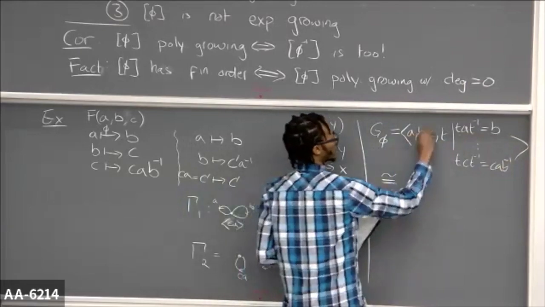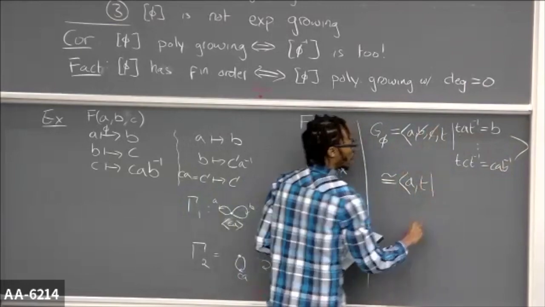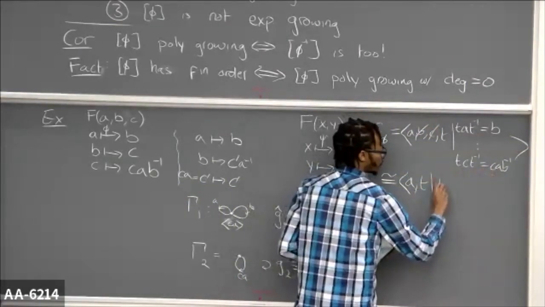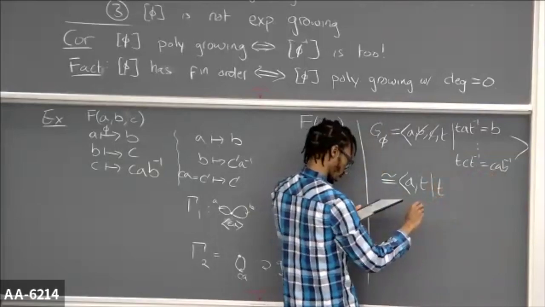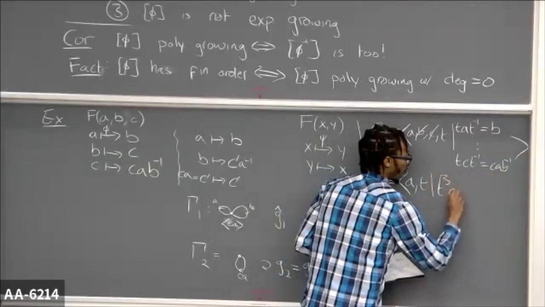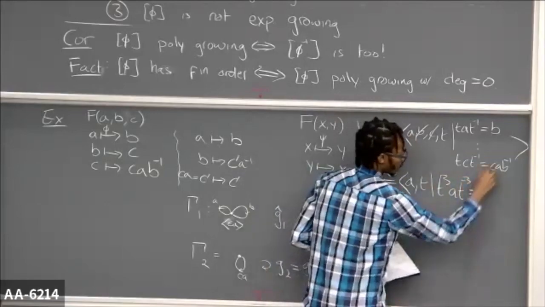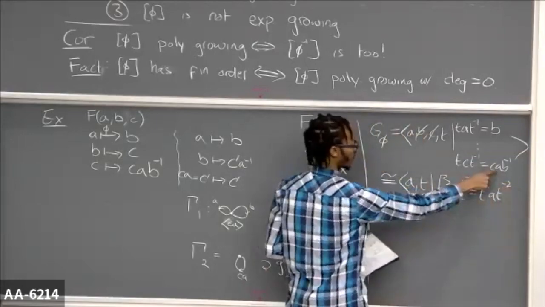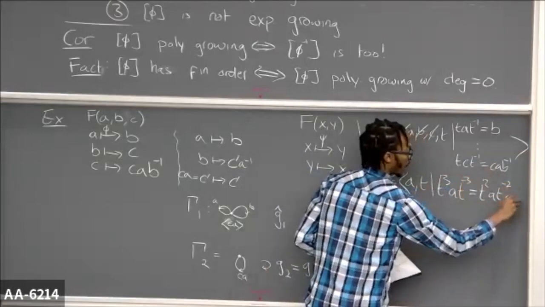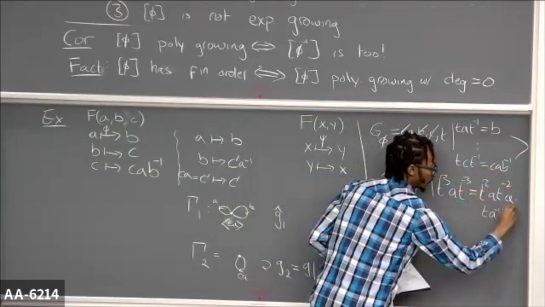So I can get rid of this too and just be left with A and T. And now this last relation becomes T cubed A T inverse equals T squared A T multiplied by A, and then B is T A inverse T inverse.